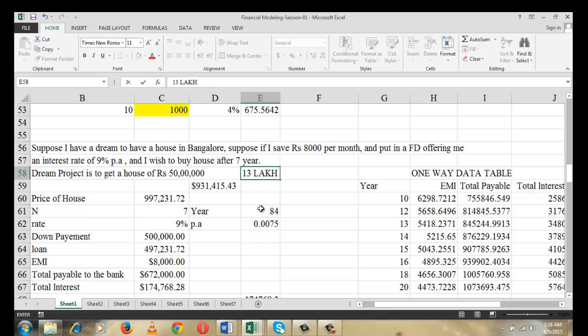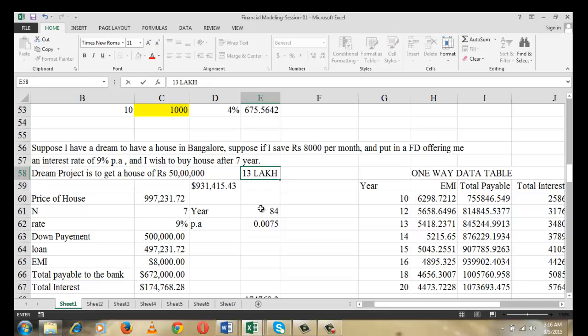You can pay 100% down payment, or take a 100% loan, depending upon the RBI guidelines and the parameters they use for the loan. Imagine now, if I want to buy a 13 lakh rupees house in Bangalore, and I can pay a maximum of 8,000 rupees in FD with a rate of interest of, suppose, 9%.